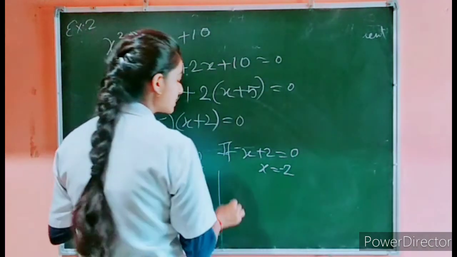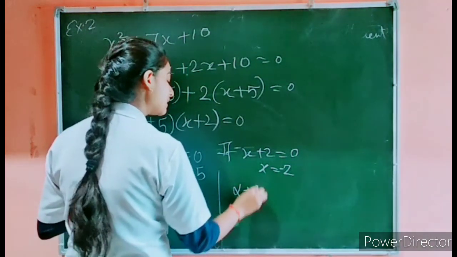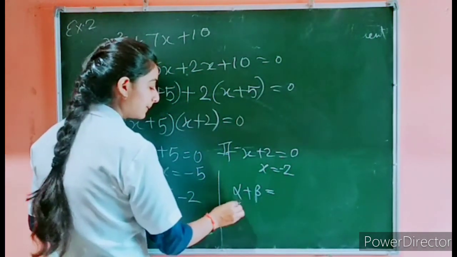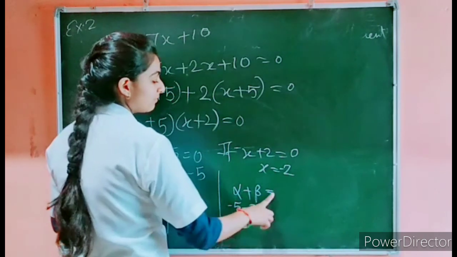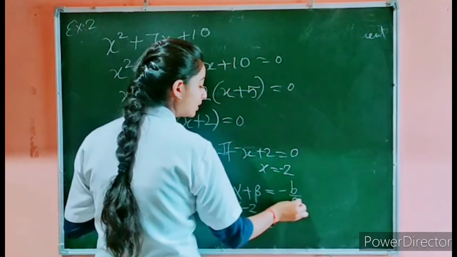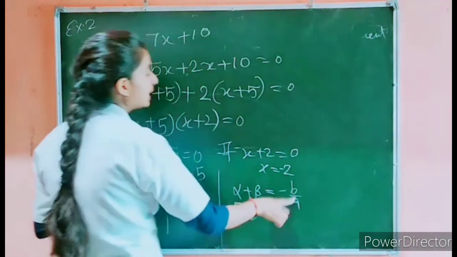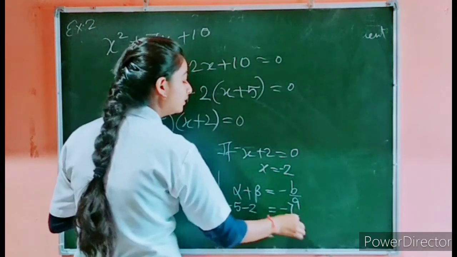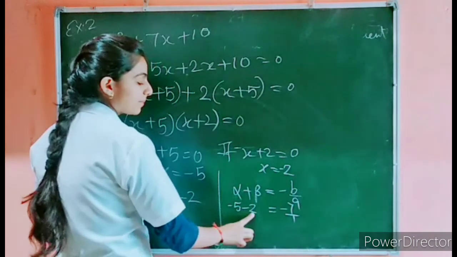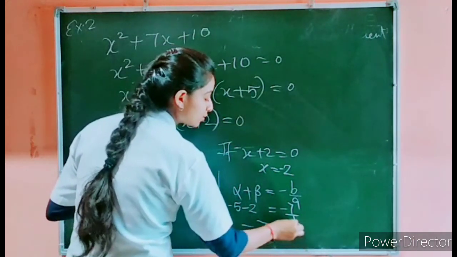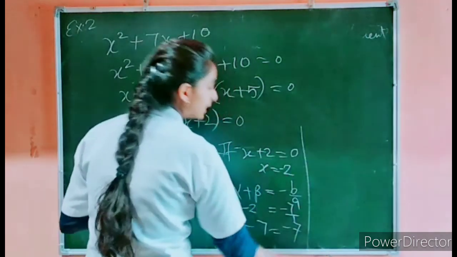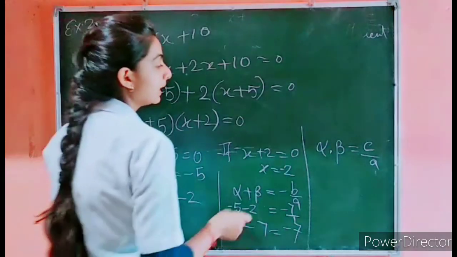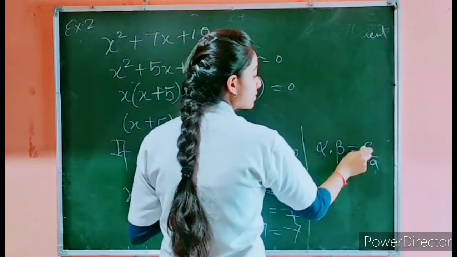The sum of zeros, alpha plus beta, is minus 5 and minus 2, which is equal to minus b upon a. Minus b, that is 7, so minus 7 upon 1. Minus 5 minus 2, that is minus 7, is equal to minus 7. Now the product, alpha into beta, is equal to c upon a.